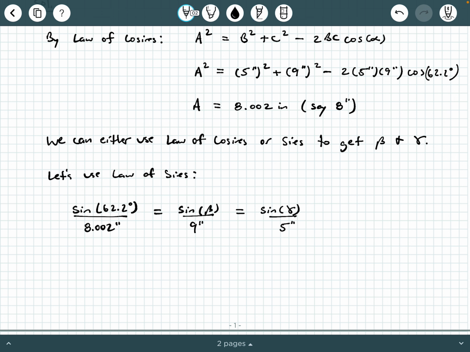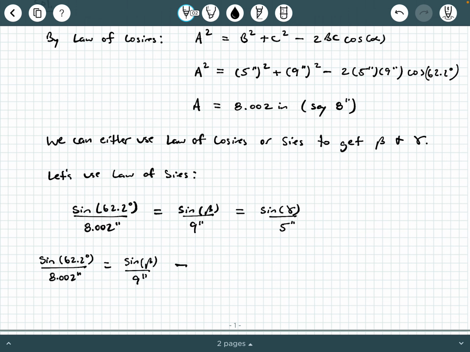So if I write this out separately, sine of 62.2 degrees over 8.002 inches equals sine of beta over 9 inches.